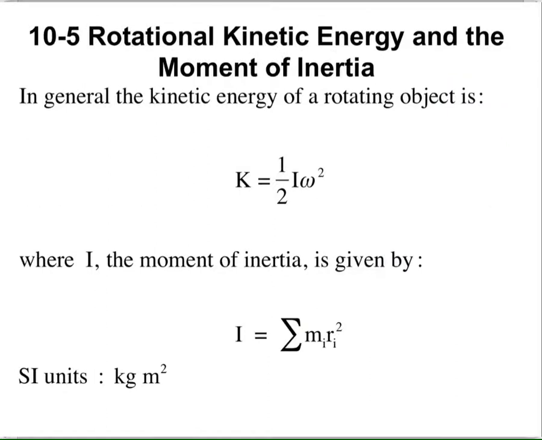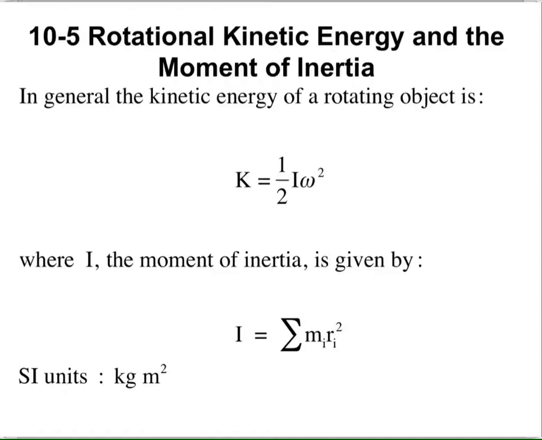Next, can we express the moment of inertia of extended objects, not the point objects, not the point particles, but what about if you have a disk? The disk is rotating, and you know the mass of the disk is distributed over some circular area, and you may as well think of a sphere, right? A solid sphere.